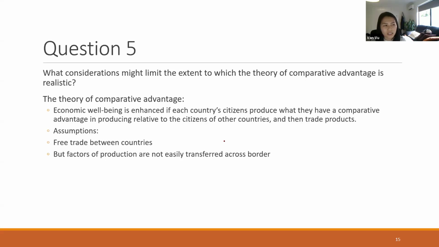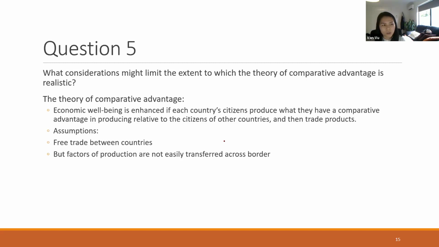So the idea here is that if we are good at something, we should stick to producing that thing. So we should specialize in producing the thing that we are good at, and then we would trade with our neighbor countries, who are good at other things. So in economics, this makes sense because when I produce something that I have comparative advantage at, then I will produce it at the lowest production cost.